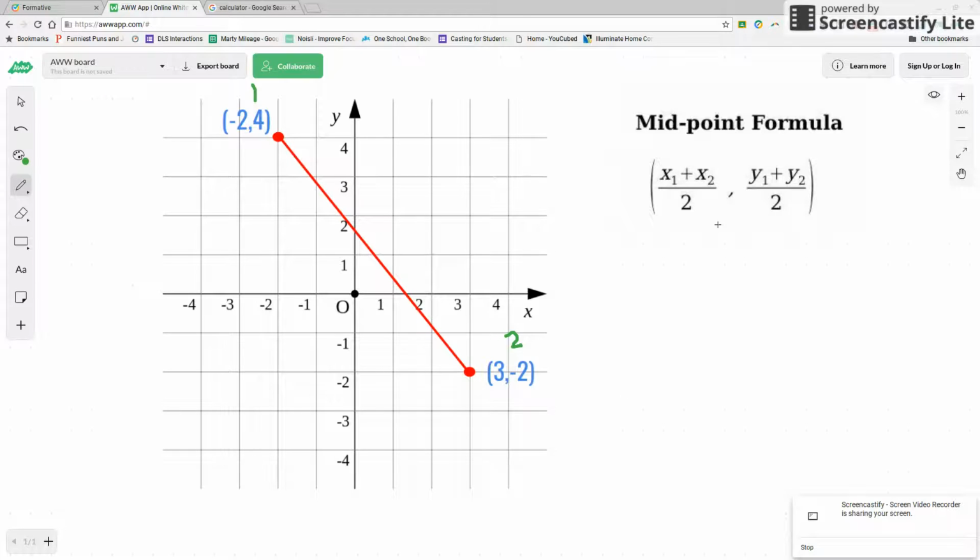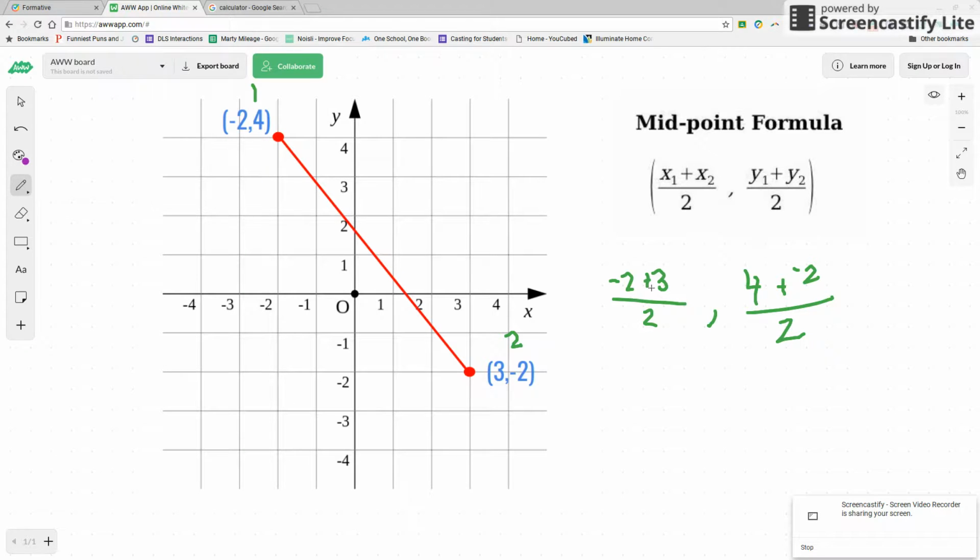So now let's start figuring out that formula. x1 plus x2 is negative 2 plus 3, and eventually I'm going to divide that by 2. That's my first coordinate. Then I add the y's, 4 plus negative 2, over 2, and I'm on my way.